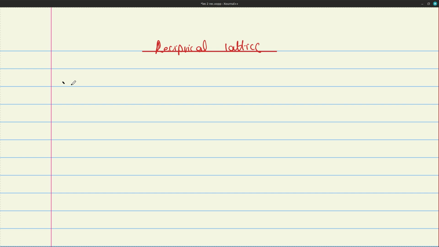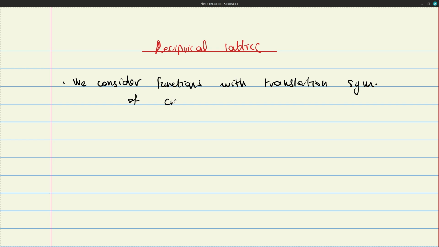First, we consider functions with translational symmetry of the lattice, with translation of crystal lattice.